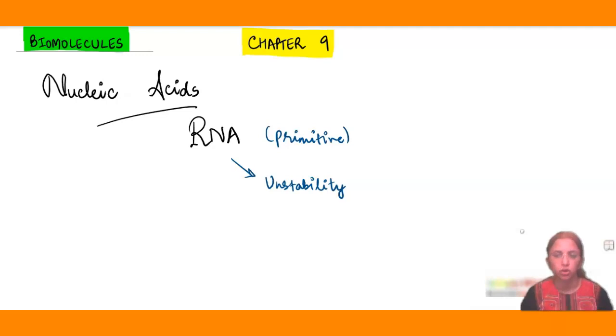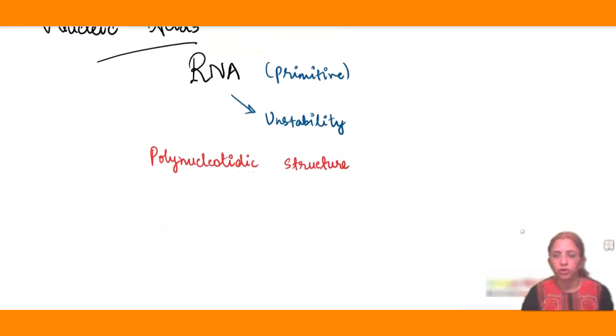So let's talk about RNA structure. RNA is also an example of polynucleotidic structure. Now when I say polynucleotidic structure, it means it is a polynucleotide. Please do watch the video to have a detailed knowledge on how nucleotides are formed, because here I will be just compiling it in short.